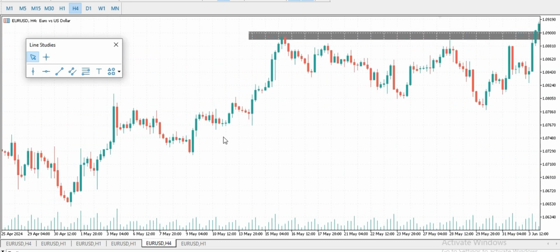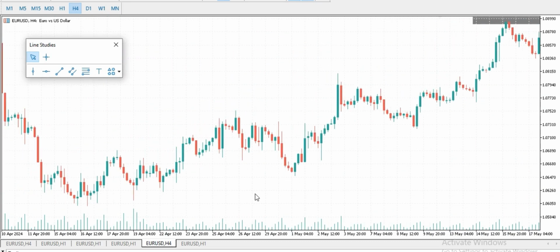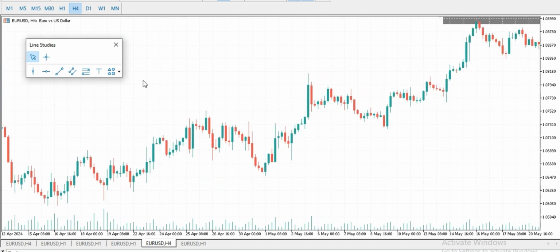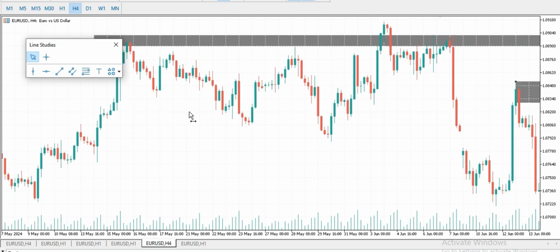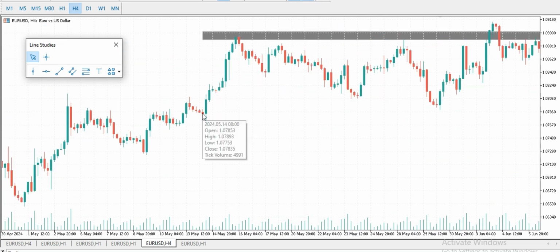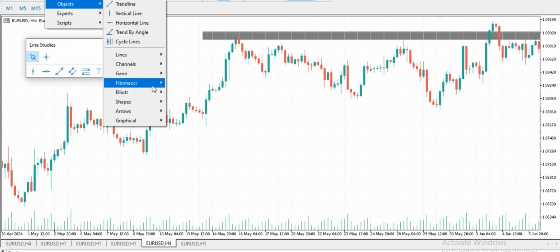And in a bullish market, the order block is the last bearish candle before a bullish expansion. All right, so something like this. Okay, this last candle now before the expansion to the upside.